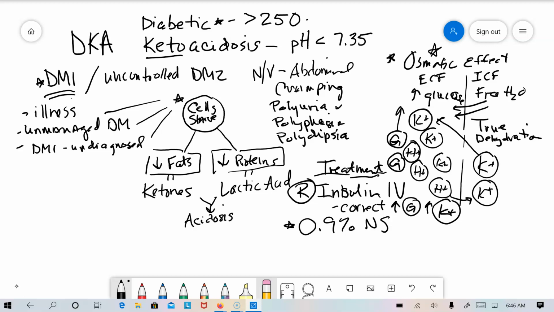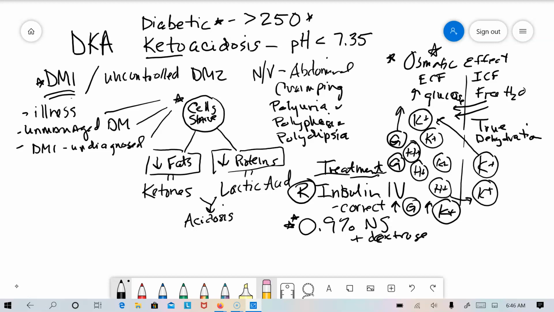But over time, giving a patient IV insulin can have their glucose levels go from high to low. Also, you're monitoring their potassium. So to prevent their glucose levels from getting too low, at some point this fluid needs to be switched over to one that has some dextrose in it.